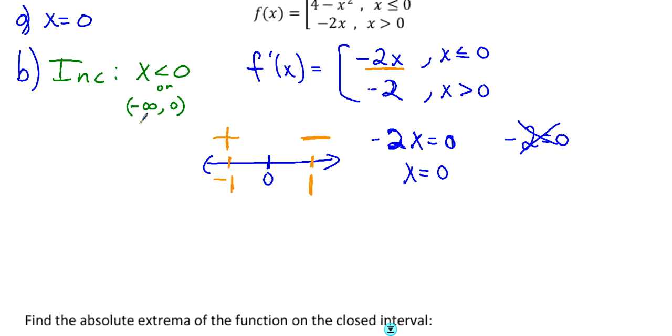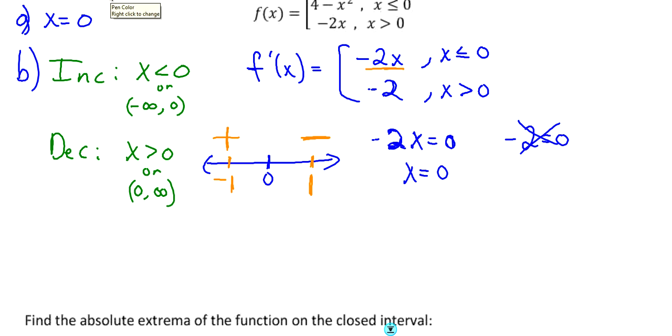Either way. And my function is decreasing when x is greater than 0, or from 0 to positive infinity, however you want to write it. Okay, so that's part B.